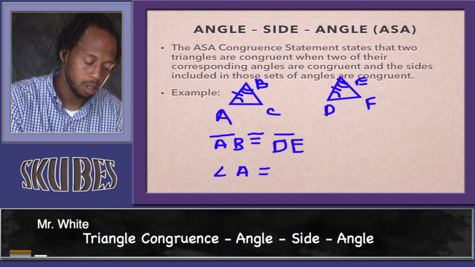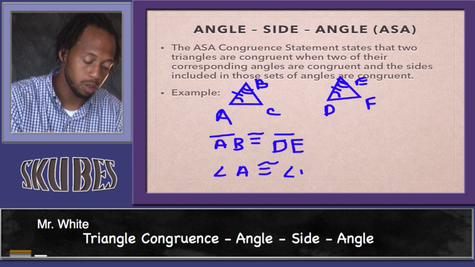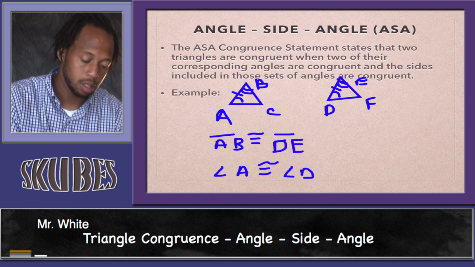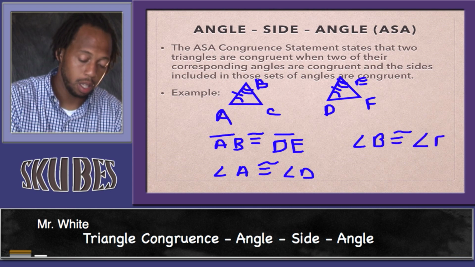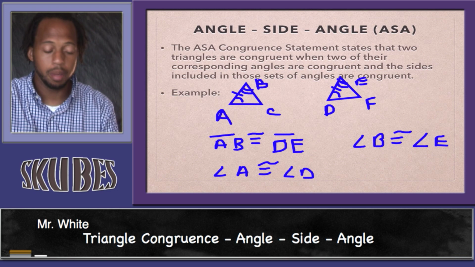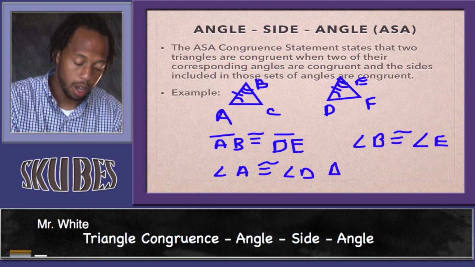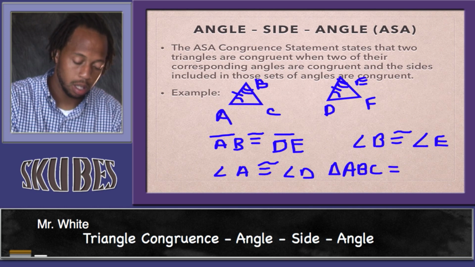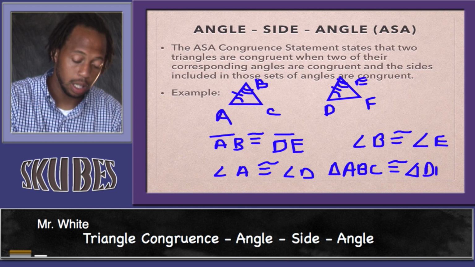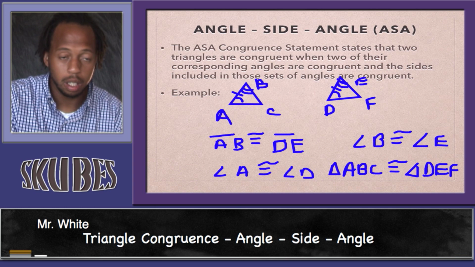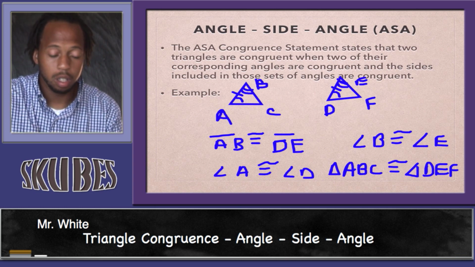Angle A is congruent to angle D, and angle B is congruent to angle E. And because of this, triangle ABC is congruent to triangle DEF. And that is based on the angle side angle congruent statement.